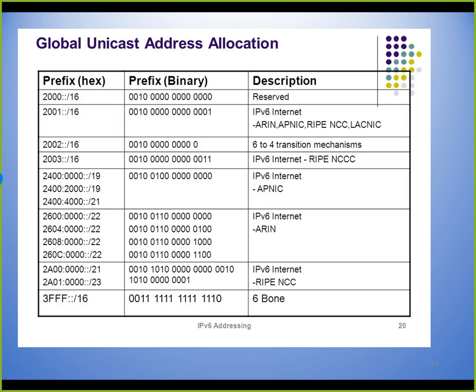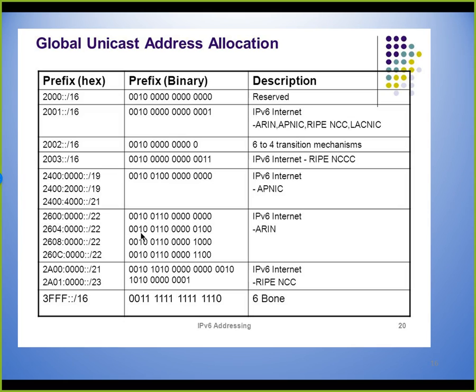And these I just threw in so that you can see what they look like: the prefix, the binary, the description of what they are. This is just a slide that I found somewhere that I use in some other classes, so that you can see about prefixes and the CIDR notation, the slash, and what it looks like in binary.